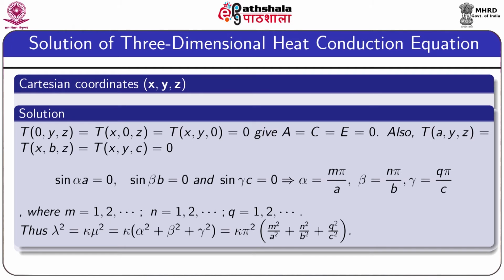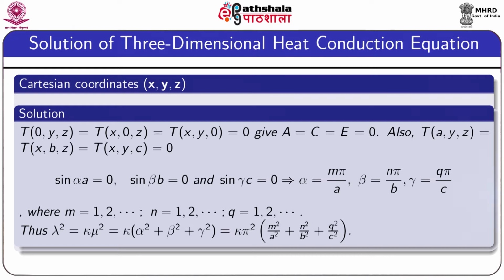If we use the first 3 boundary conditions, we get the values of the constants A, C, E as 0. Now if we use the last 3 boundary conditions, we obtain sin alpha a equals 0, sin beta b equals 0 and sin gamma c equals 0.